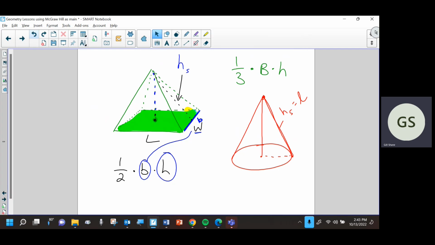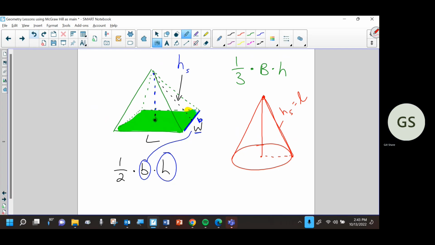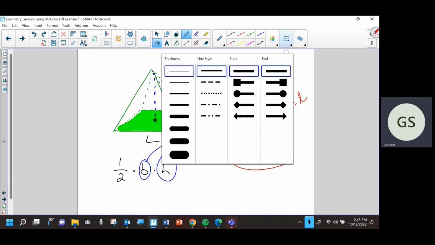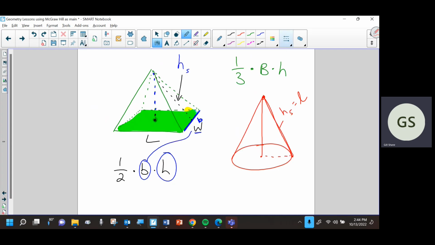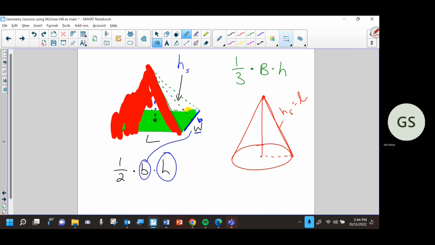Because if you think about this as just the triangle itself, ignoring the fact that it's part of that pyramid, if I'm just looking at that triangle, that black dotted line is just the height of that triangle.